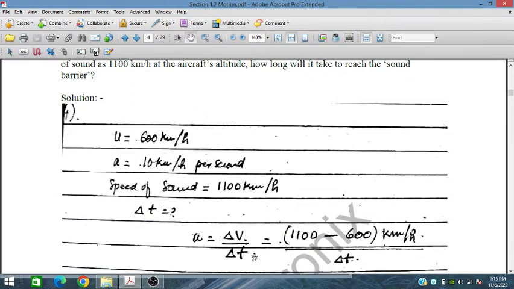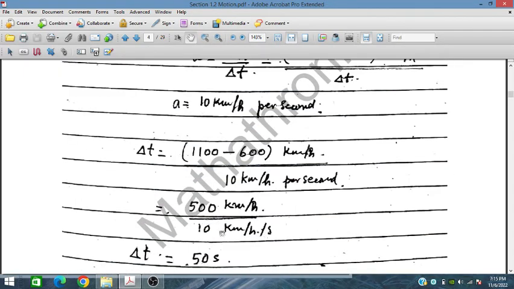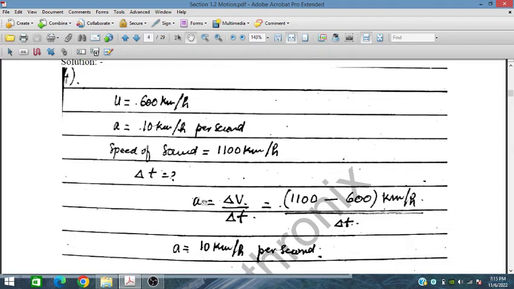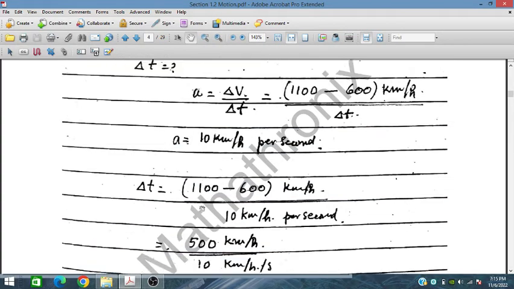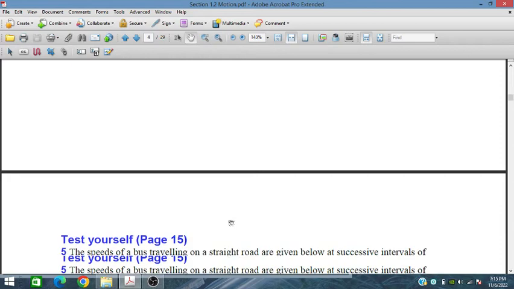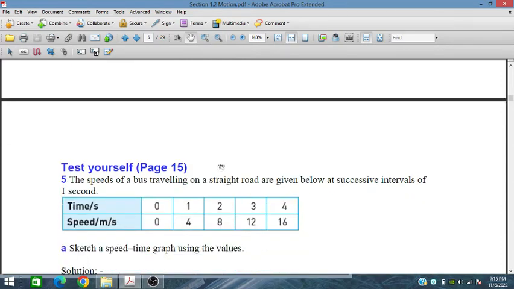So we can understand how the actual phenomenon is occurring. Eventually after 50 seconds, if the acceleration is constant, the aircraft will reach the sound barrier at 50 seconds.